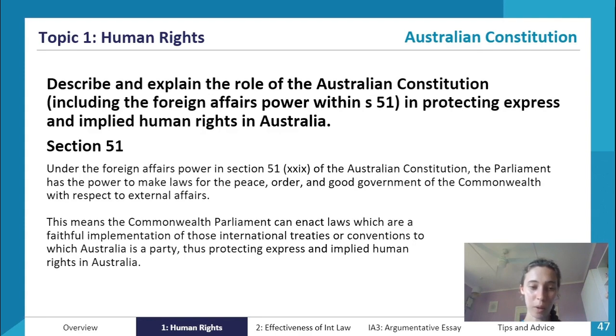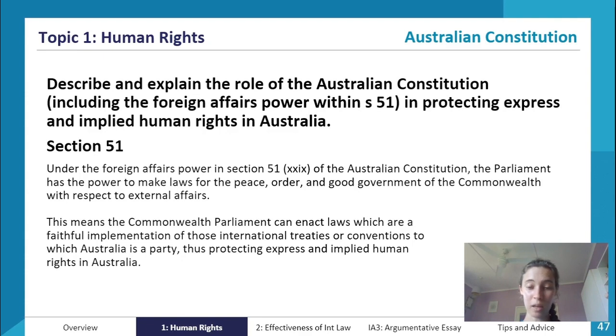So section 51, under this foreign affairs power, the Parliament has the power to make laws for the peace, order, and good government of the Commonwealth with respect to external affairs.